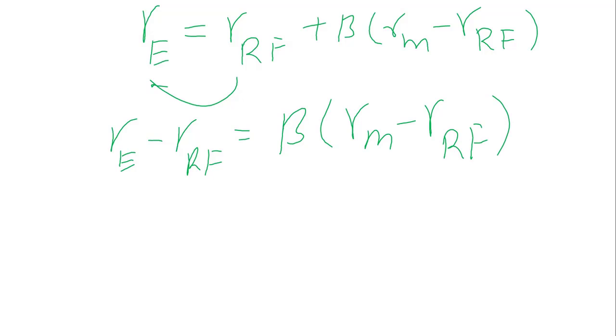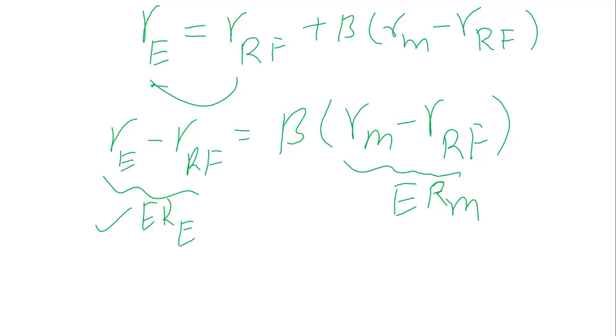This is the excess return on equity, and this is the excess return on the market. That means the excess return on the equity is proportional to the excess return on the market, and that relationship depends on the value of beta.